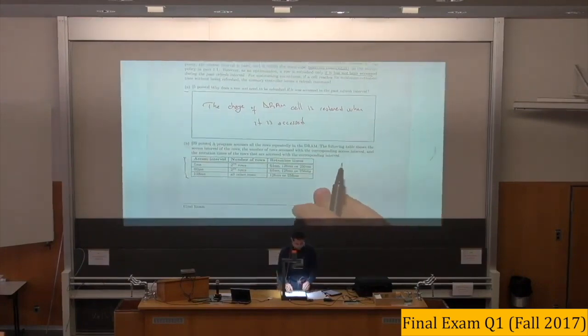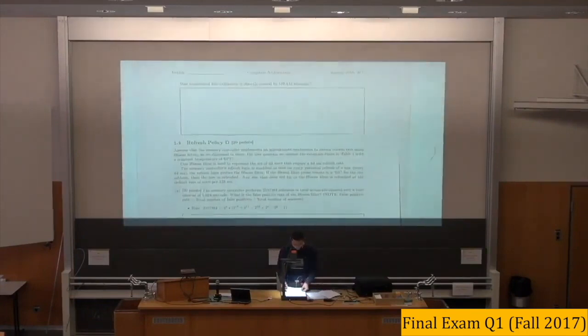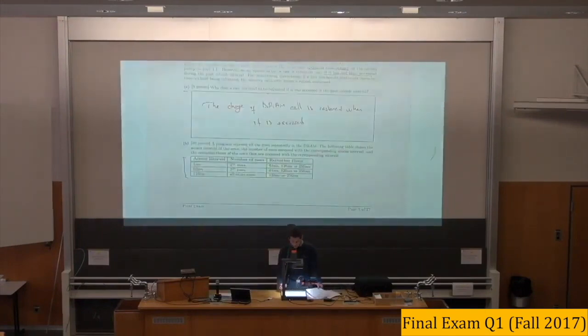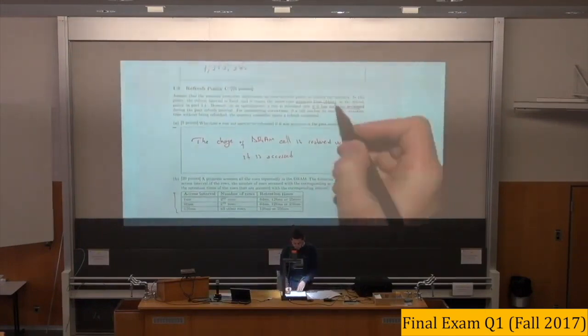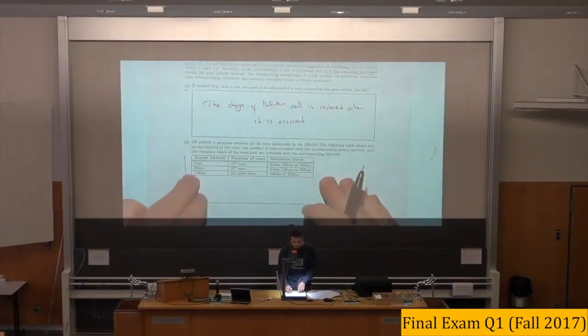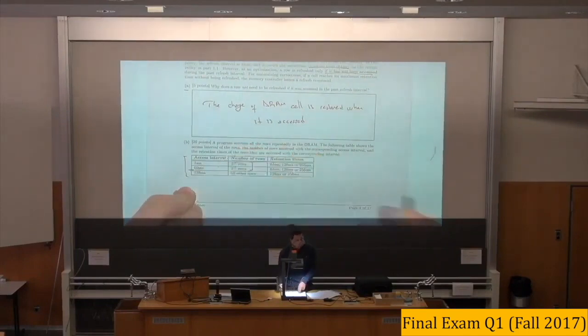The question asks what command bus utilization is directly caused by DRAM refreshes. So remember that the retention time was 64, so the refresh interval will also be 64 for all of the rows. But the program accesses these rows before a refresh takes place in 64 milliseconds.